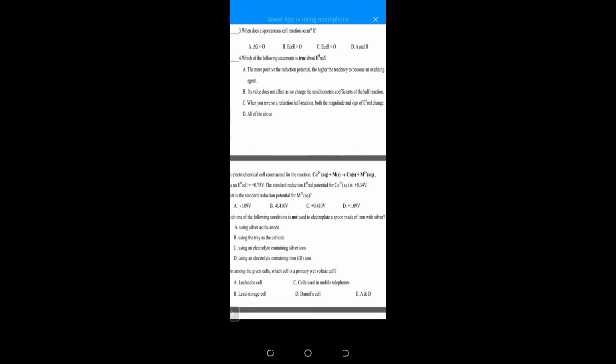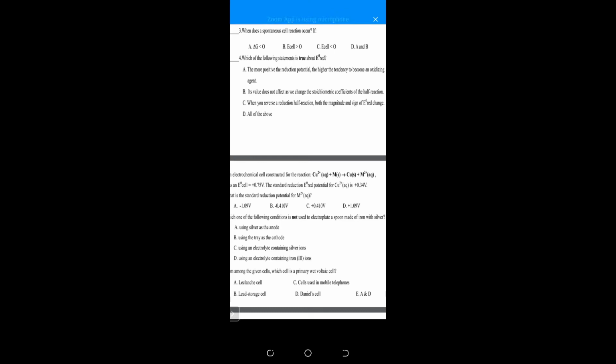Best oxidized substances are what? They are best reducing agents. The higher reduction potential value, it tells you what? It is the best reduced substance and it is the best oxidizing agent. So this is correct. The more positive the reduction potential, the higher the tendency to become an oxidizing agent.